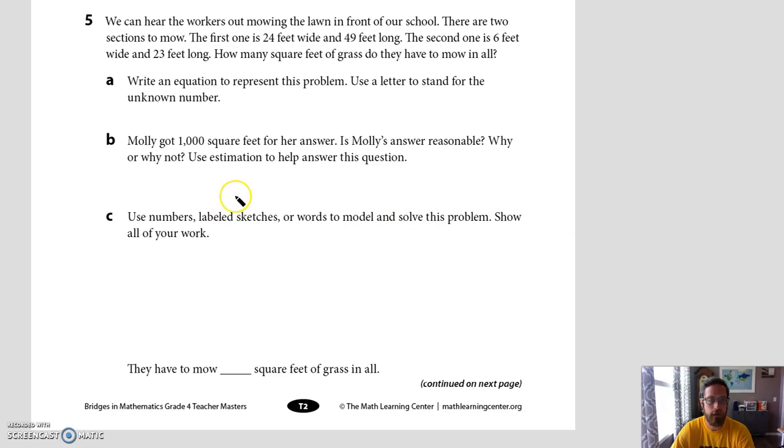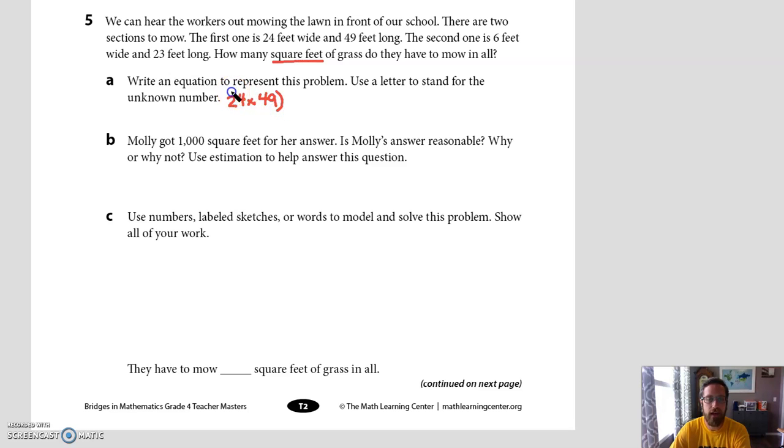Use estimation to help her answer and use numbered labeled sketches or words to model and solve the problem. Show all your work. The first one is 24 by 49 feet long. It says how many square feet, and this lets us know right away that we're talking about area. How do you find area? Area is length times width. So I would do 24 times 49, and that would give me the area of that.